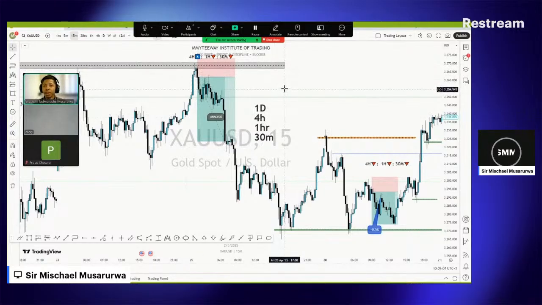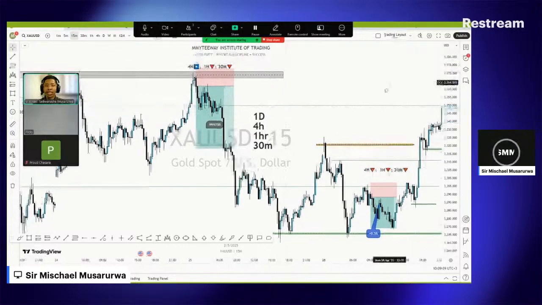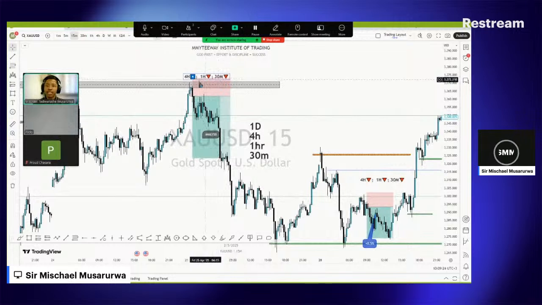The time frames that affect our trading as day traders are only the 1 hour and 30 minutes. We look for trend mainly in the 1 hour and 30 minutes. So for example, here the 4 hour was saying up, 1 hour saying down and 30 minutes down.